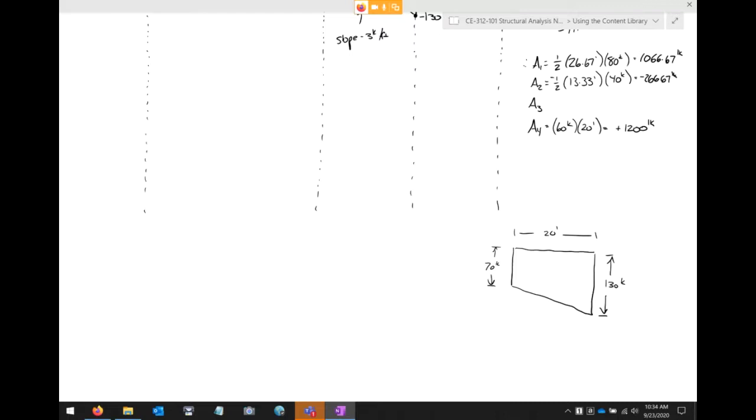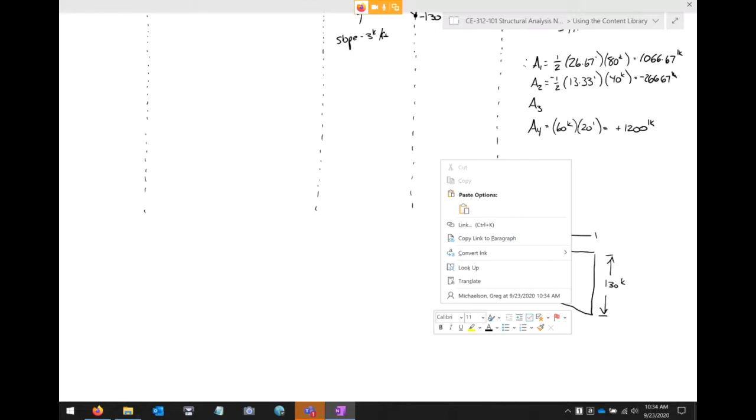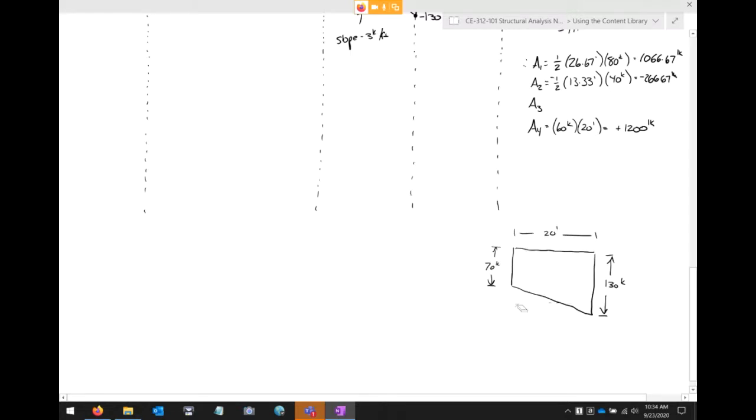What you can do is split the difference between 70 and 130 and compute the average. You could say that this triangle right here actually belongs right there. And so you just average 70 and 130 and multiply it by 20, and that'll give you the answer.